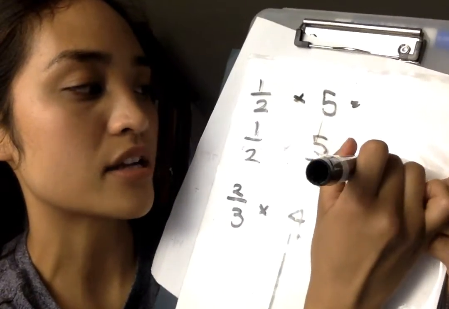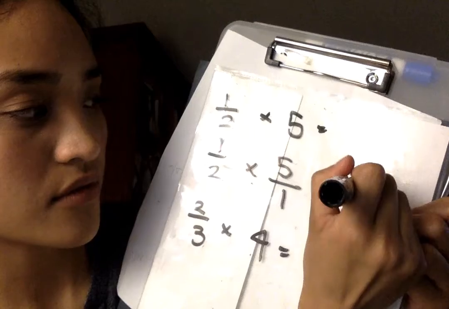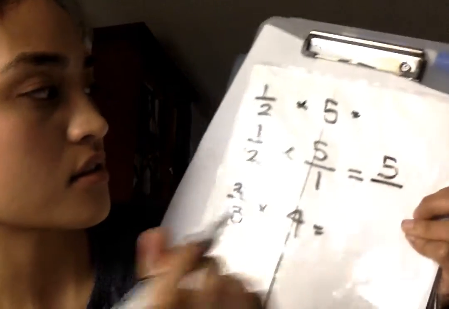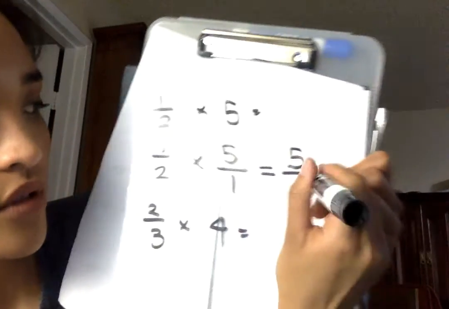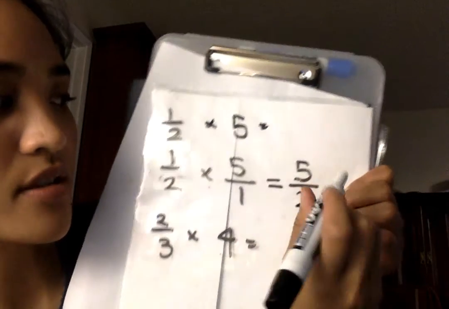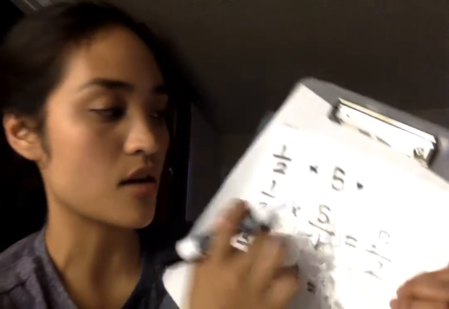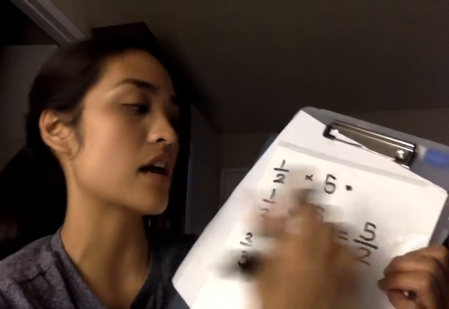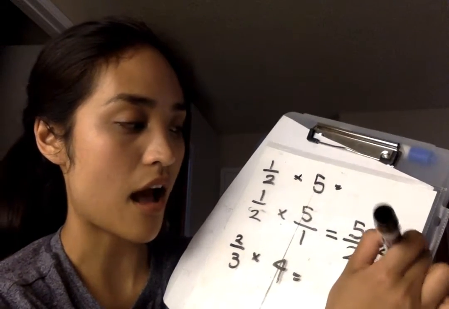Now I can multiply straight across. What's 1 times 5? 5. And what is 2 times 1? 2. So now I have 5 halves. If I were to decompose this, I would get 2 1/2.